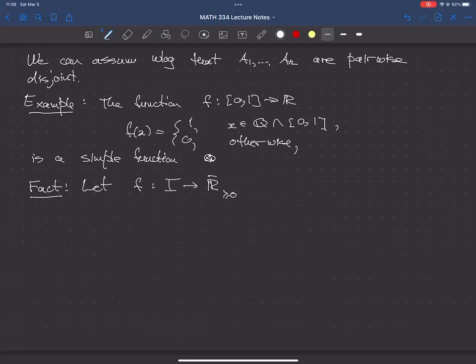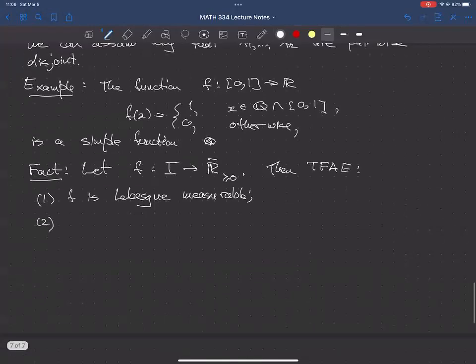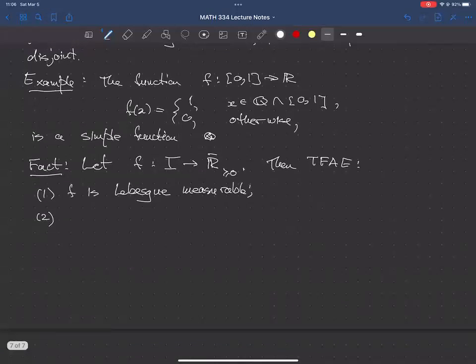Then let me make two equivalent statements. One is that f is Lebesgue measurable. And the other says there's a sequence of simple functions that converges to f from below pointwise.